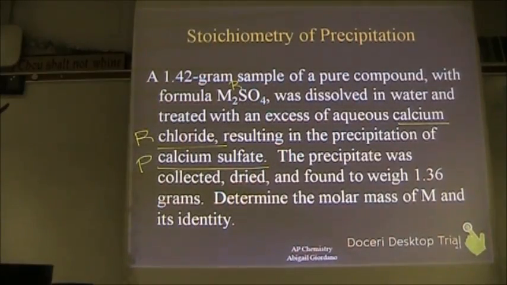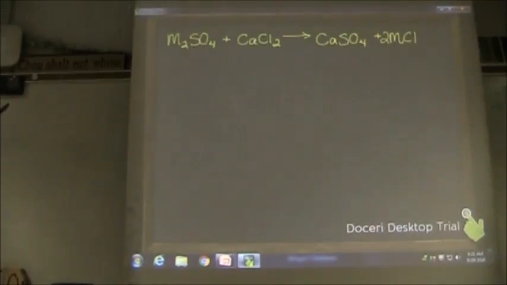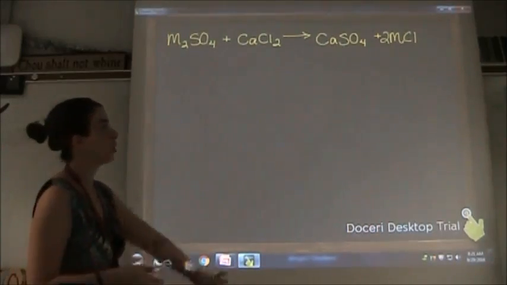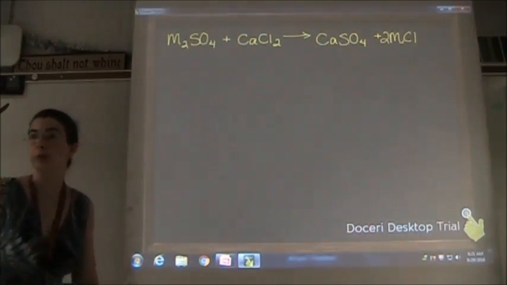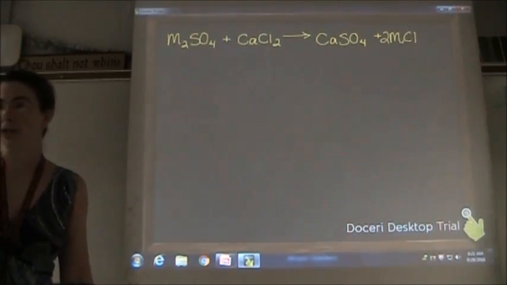Okay, so let's do that. You guys write out a balanced equation. Okay, so that's what your balanced equation should look like. All right, and again, they told us that the calcium sulfate would be our precipitate.